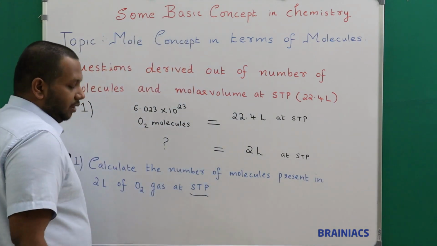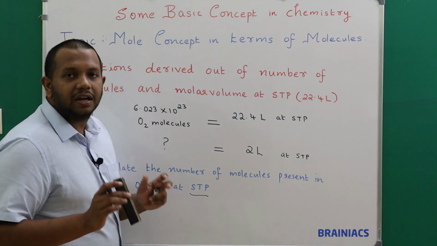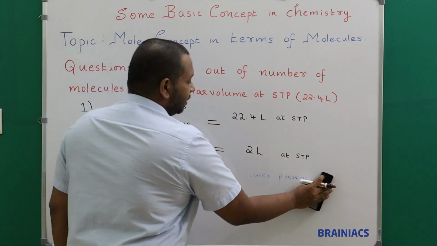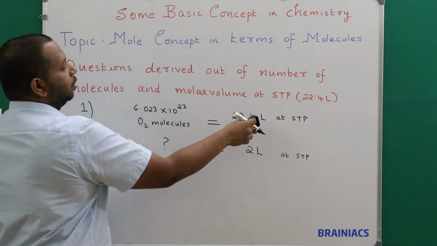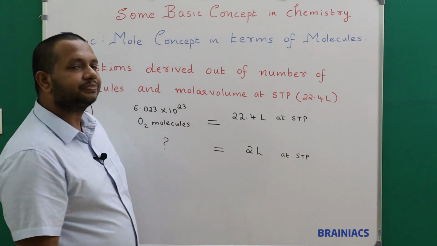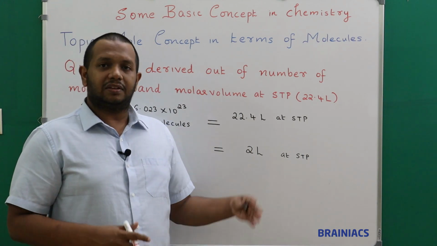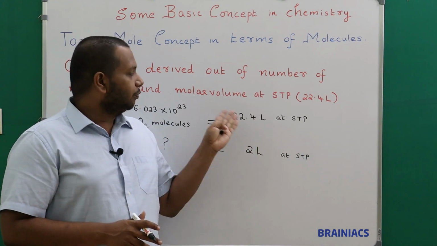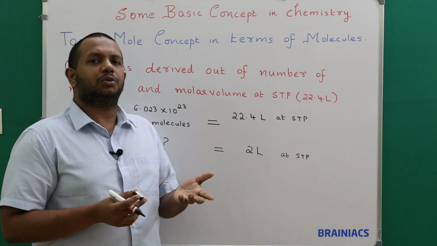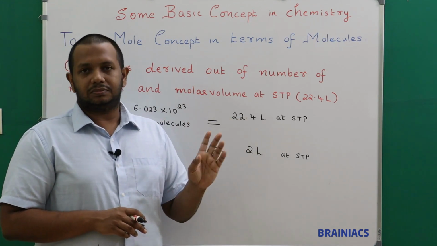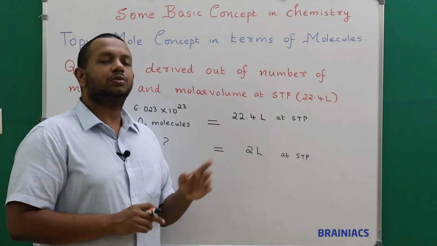Okay, now how can we do this? Again, same concept only. How can you convert 22.4 liter to 2 liter? You can divide by 11.2, right? That is the easiest way I can say. Or if you don't know it is 11.2, what should you do? Make this 1 liter, then multiply by 2 to get the 2 liter.